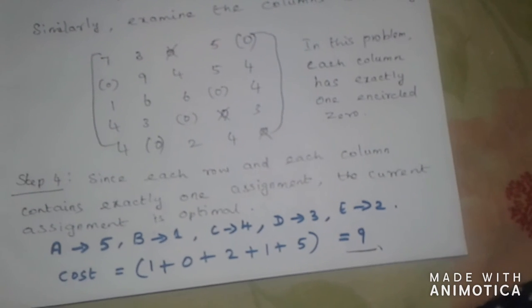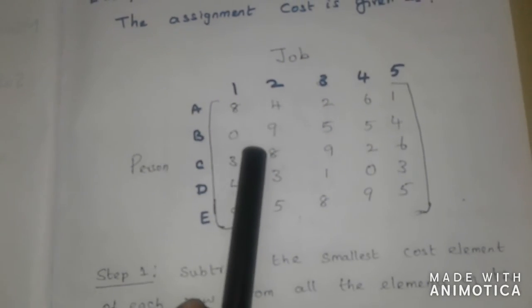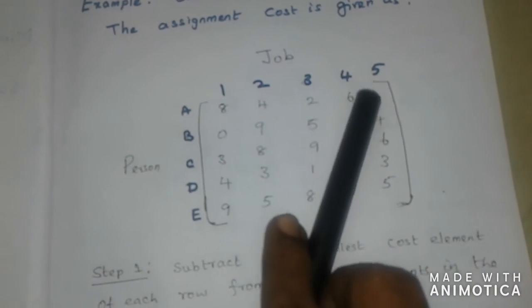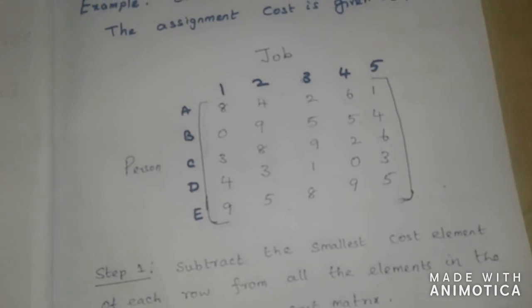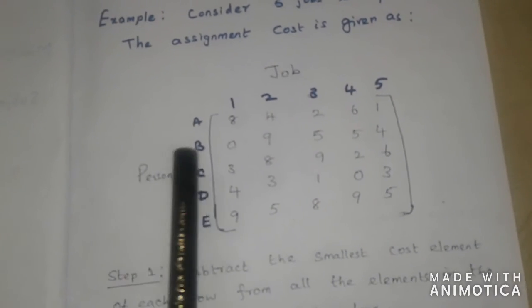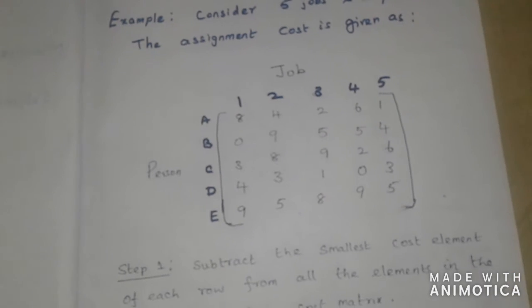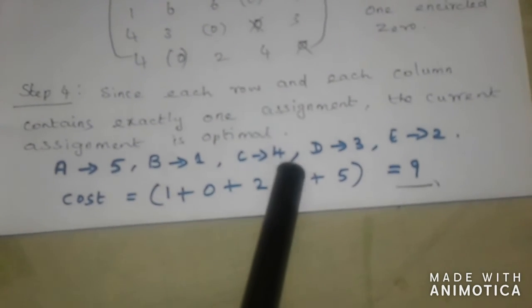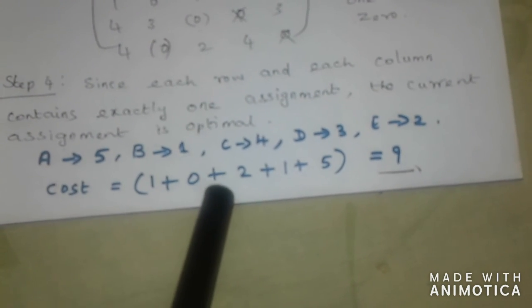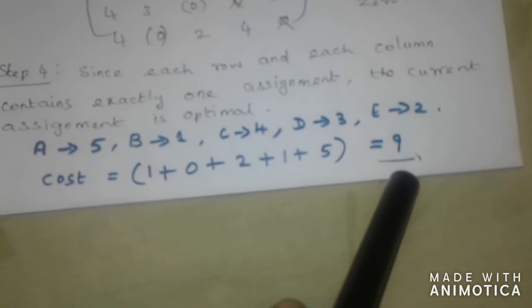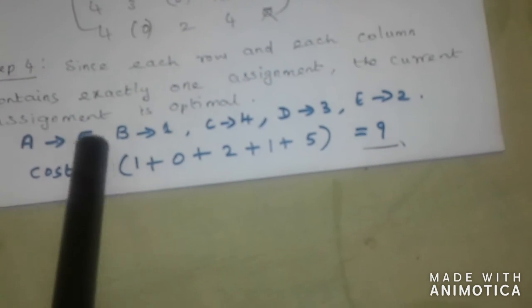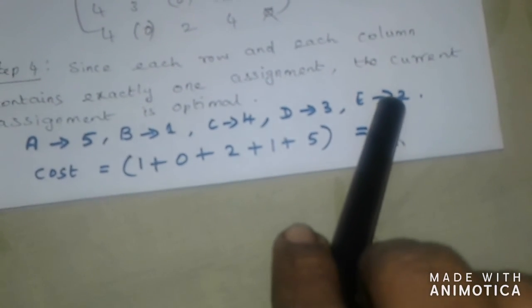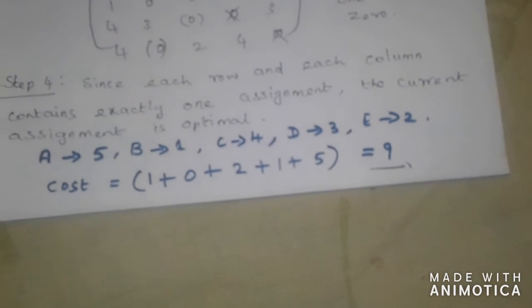So this is the given problem, and here A5 is 1. Similarly, B1 is 0. So when we add the costs from the cost matrix, we get the resulting cost as 9. So this is the solution. That is, this is the optimal schedule and this is the optimal cost. Thank you.